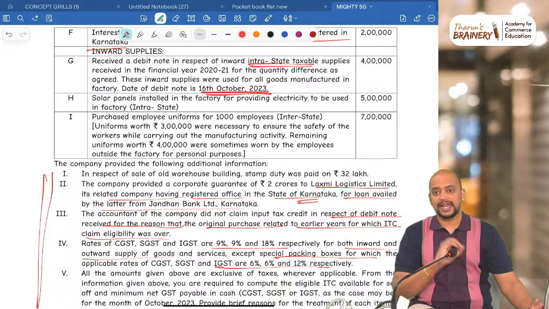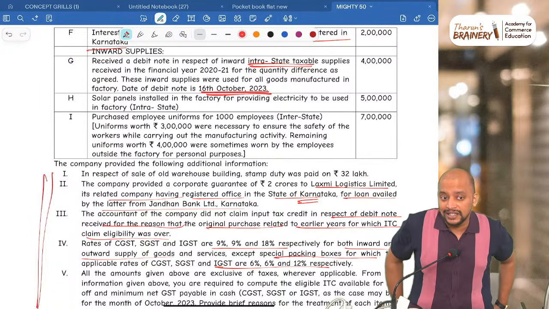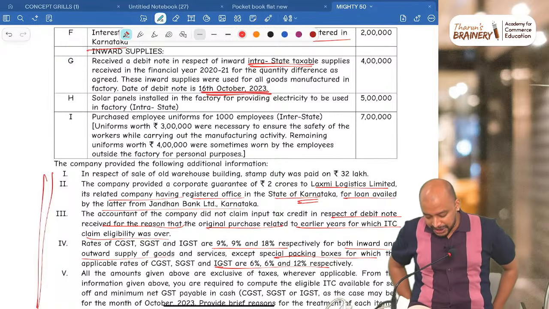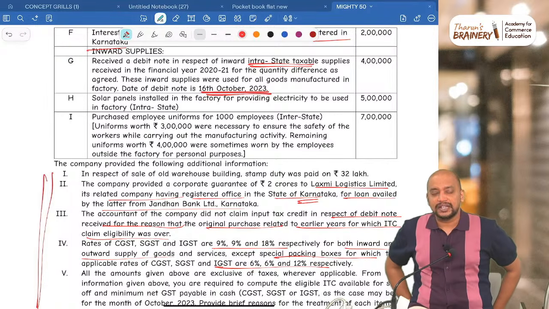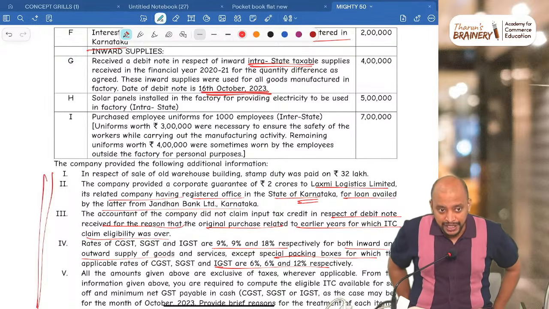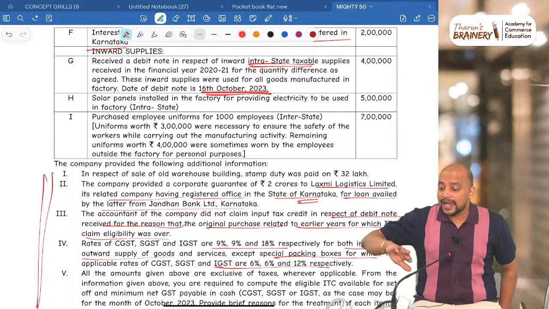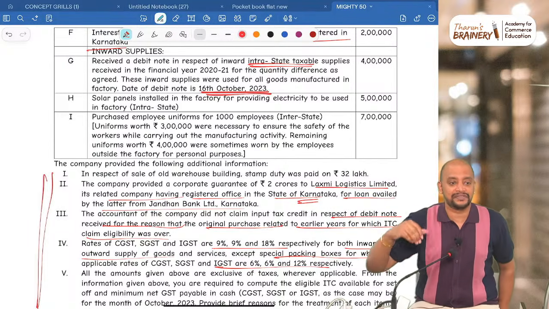Now sir, I have a doubt. Won't it come under plant and machinery? See, it will come under plant and machinery, but that plant and machinery should be used in the business for making outward supply of goods or services.